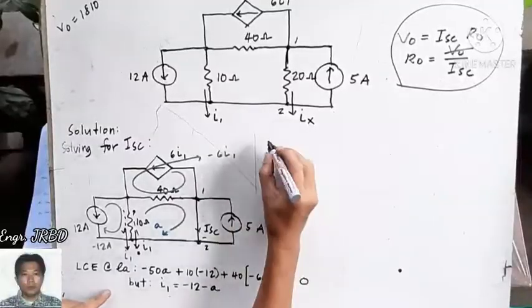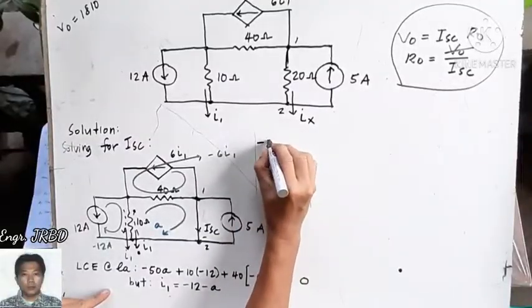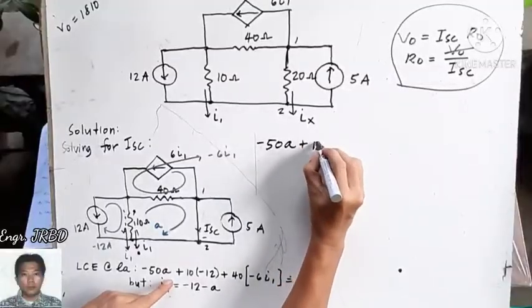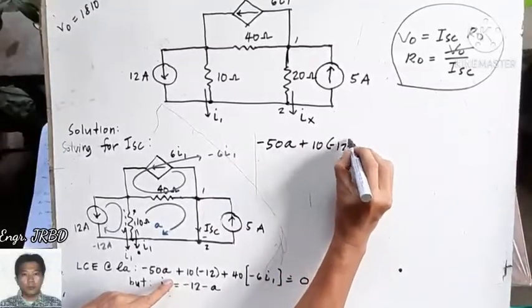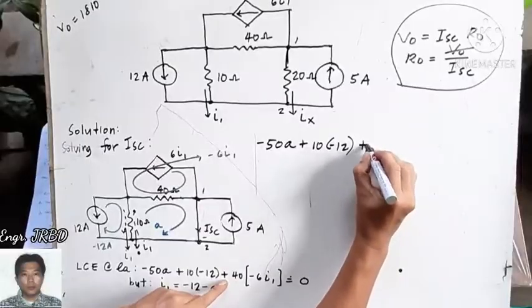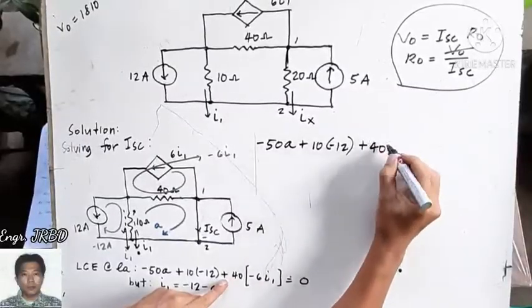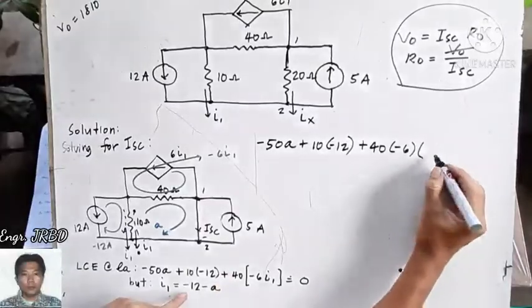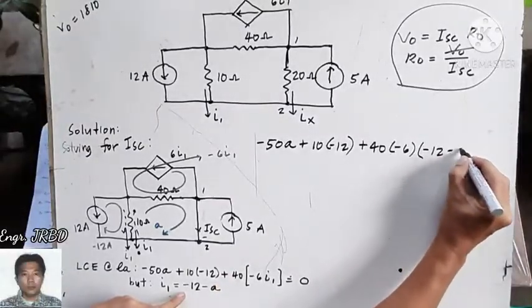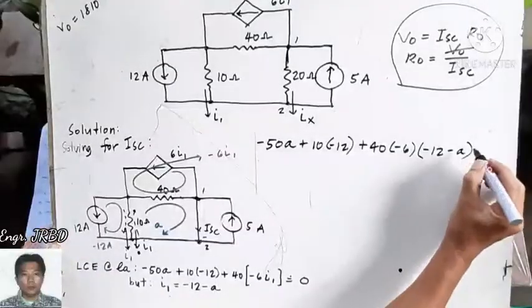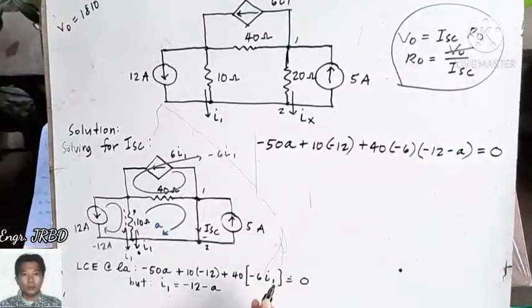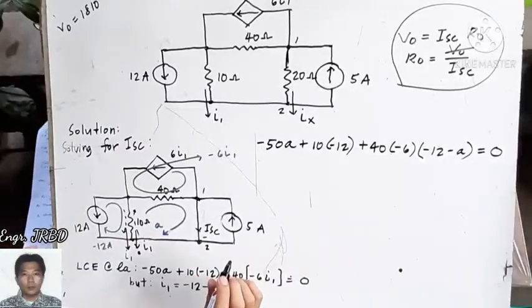we will now have negative 50A plus 10 times negative 12 plus 40 times negative 6 times I1, that is negative 12 minus A, is 0. We only now have a single equation containing a single unknown.